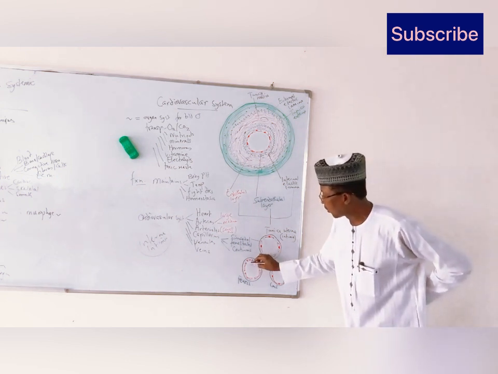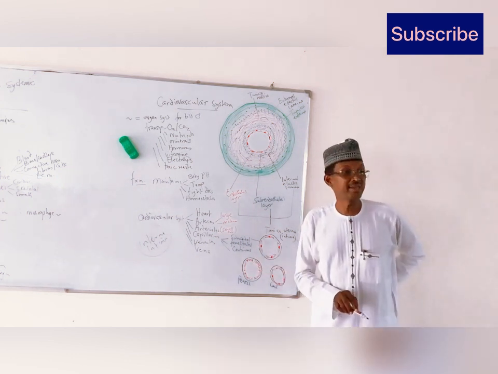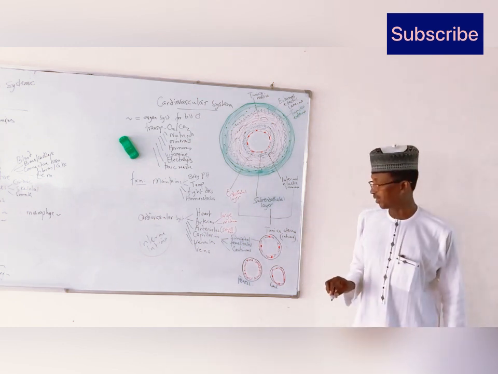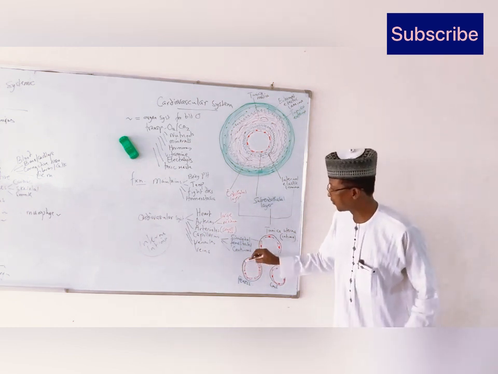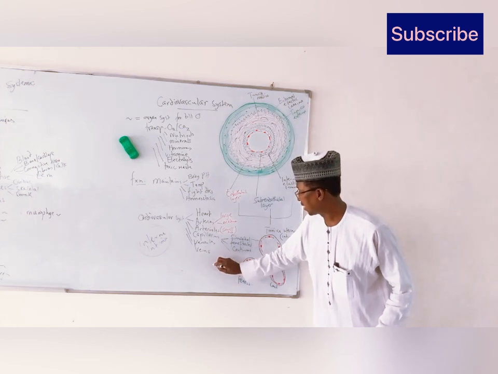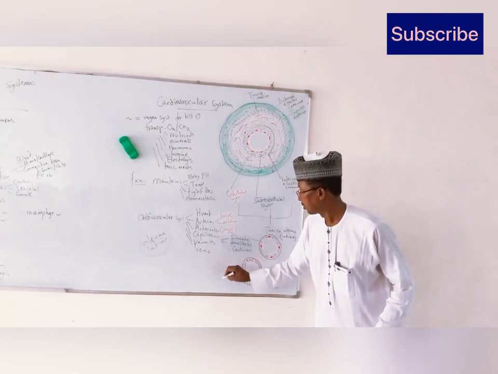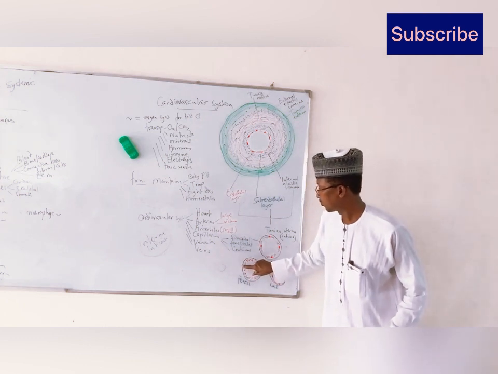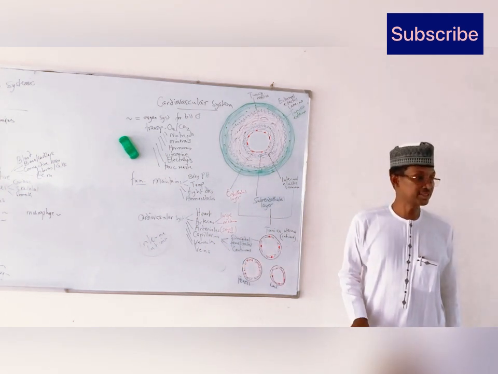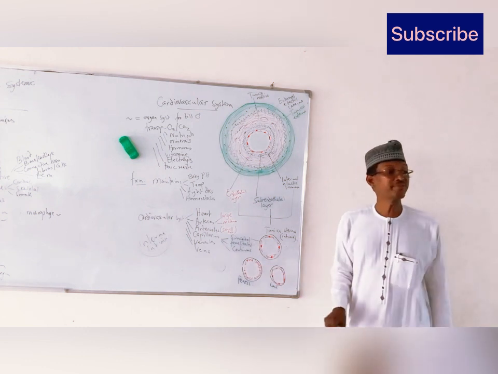Similarly, when you take the fenestrated capillaries, if this is just a single endothelial cell, there is a hole passing through the endothelial cell. That is what we mean by fenestration.